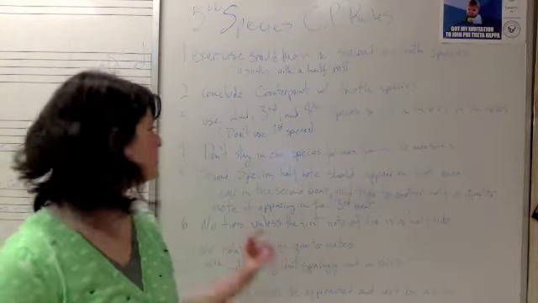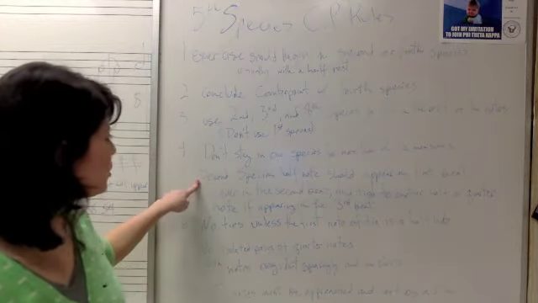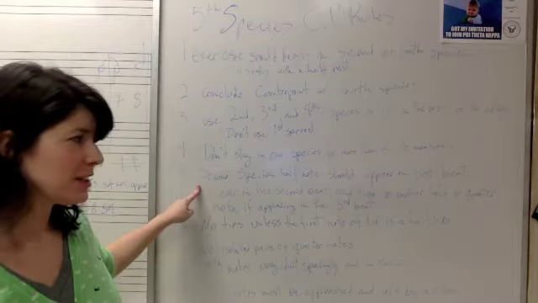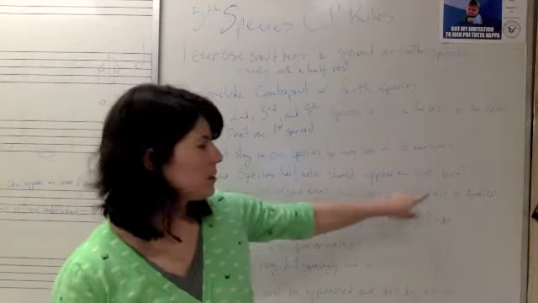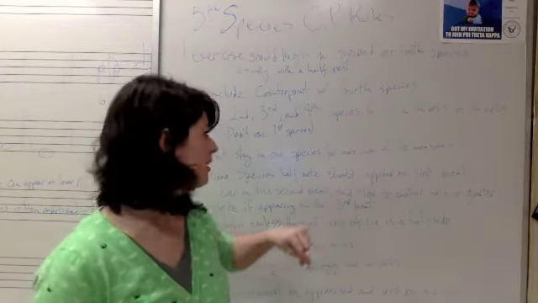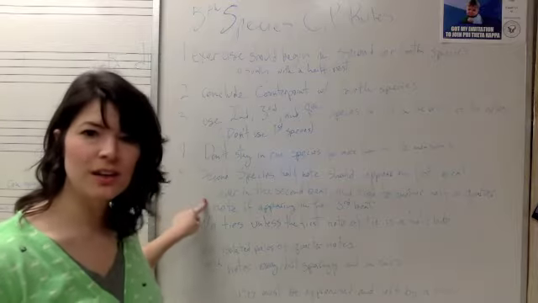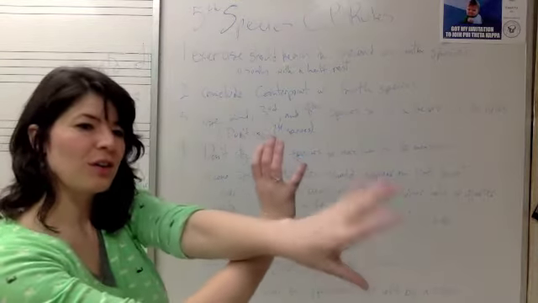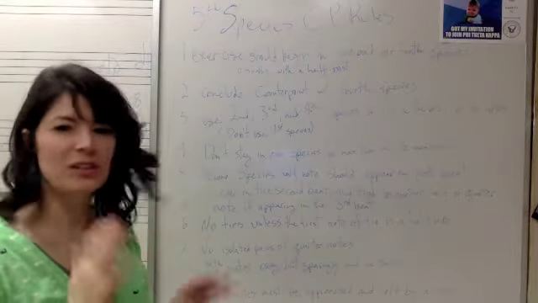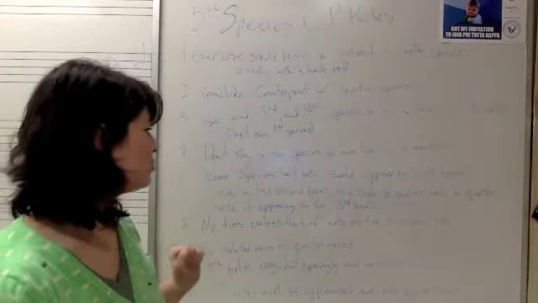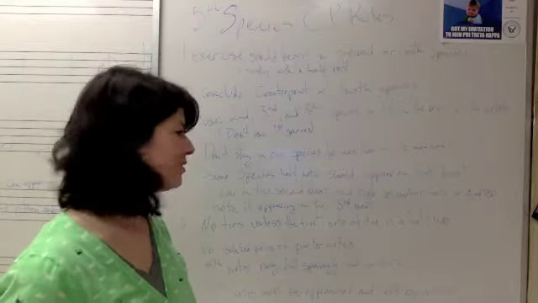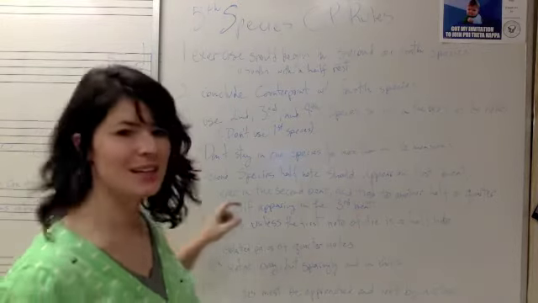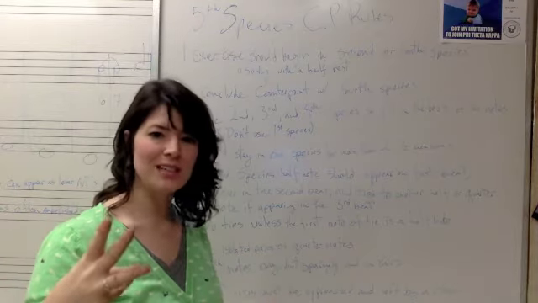So mix it up. Second species, the half note, when you're using second species, it should always appear on the first beat, all right? Never use it on the second beat so that you've got like a quarter, half note, quarter, which creates syncopation, so you want to avoid that. If you do want some sort of syncopation, like suspensions, you have to use it in the third beat, all right?